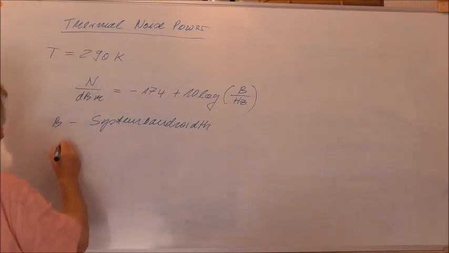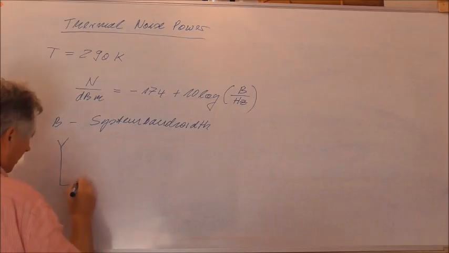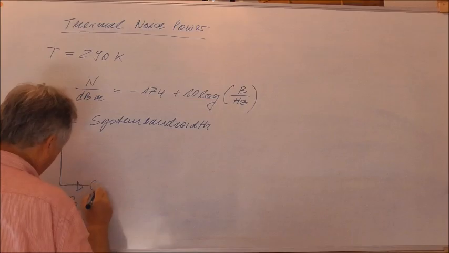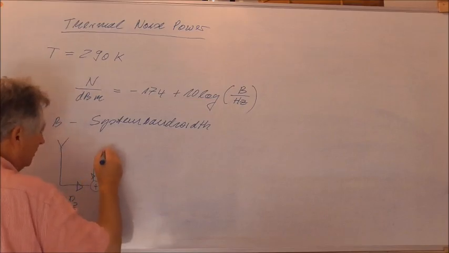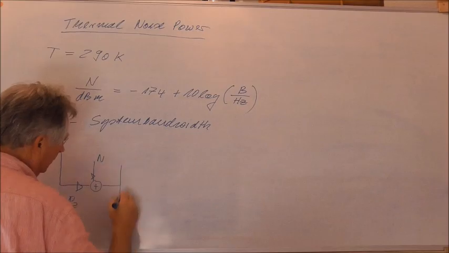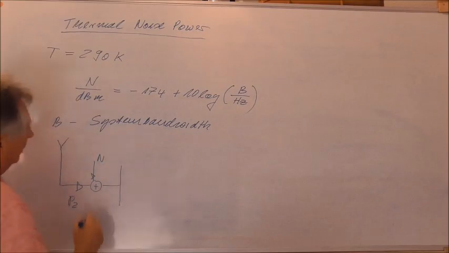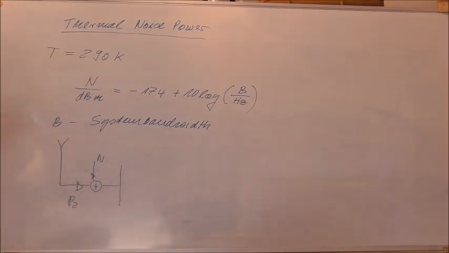So in a receiver system we had the transmitting antenna, here we had the power P2, and in the simplest case I assume that noise is added to the system, and this noise power is given in dBm.